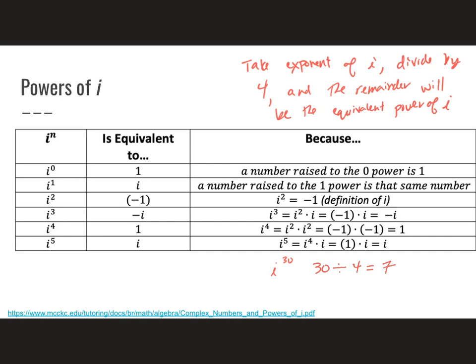What's remaining is 2, so my remainder is 2. Because of my remainder, i to the 30th power is going to be equivalent to i to the 2nd power, and i to the 2nd power is equivalent to -1. So if I'm simplifying i to the 30th power, it's going to equal -1.